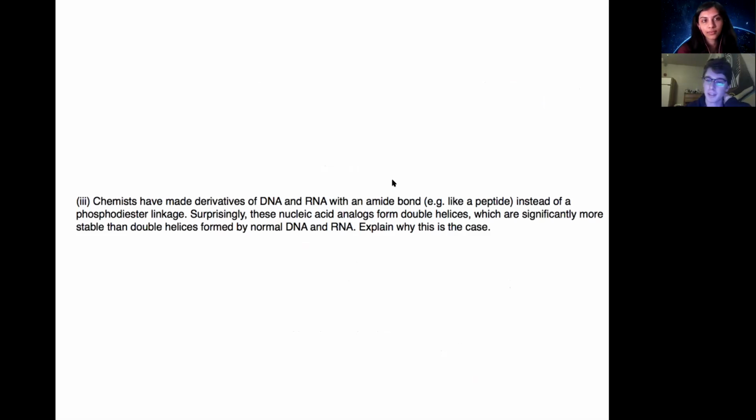If you have more questions about that, just put it in the chat. But for the next question, it's saying chemists have made derivatives of DNA and RNA with an amide bond, like a peptide, instead of phosphodiester linkage. And surprisingly, they form double helices, and these double helices are significantly more stable than DNA and RNA.